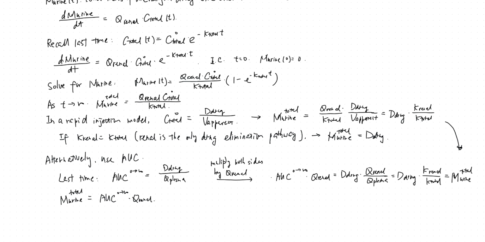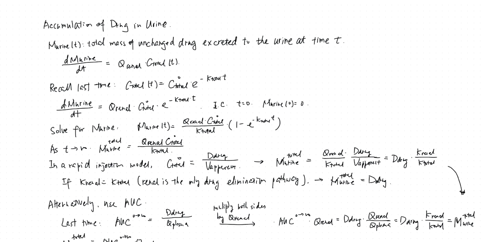Okay, so that's the content I would like to cover for this lecture. The idea is pretty straightforward. We are just looking at this mass balance. The principle is the same as any balance principle: we have d accumulation dt equals the sum of all the possible contributions. Then we use the solution from last time, the C total, plug it in, and solve for M urine.